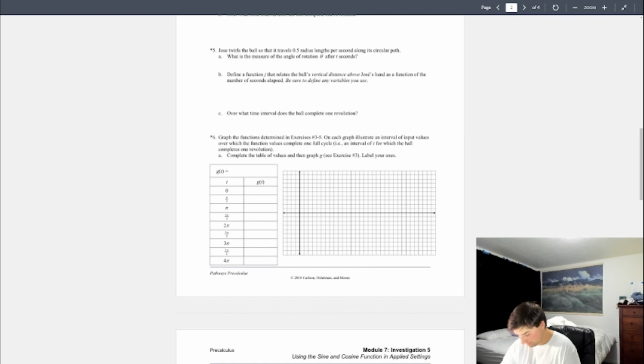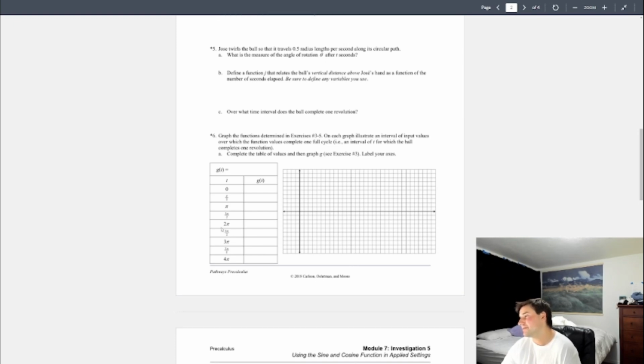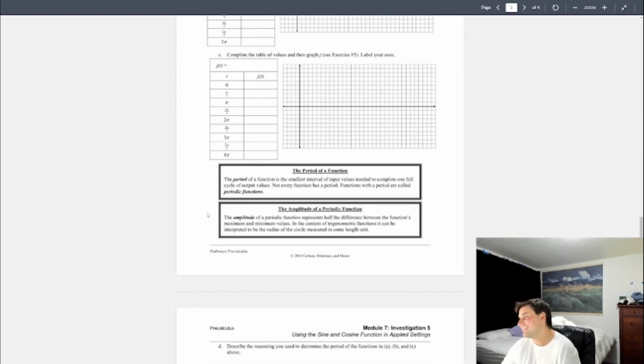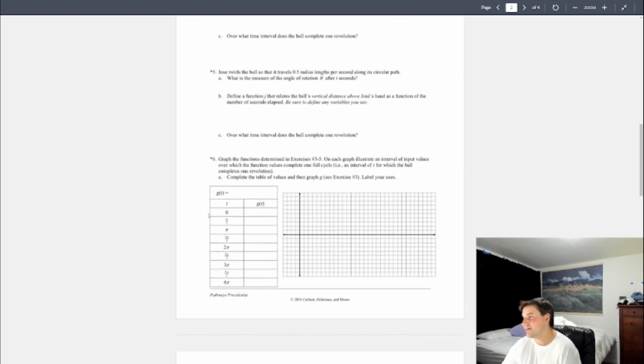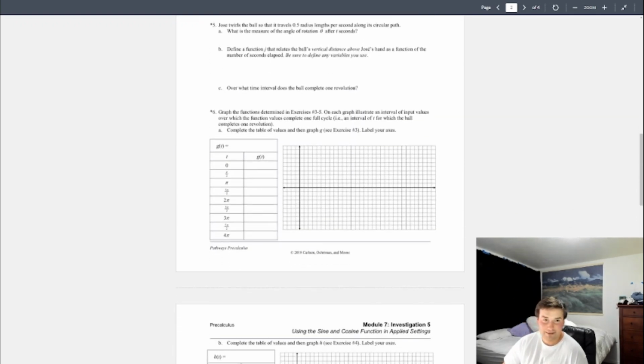Pi over 2 would be the radius in an actual. That means I have to calculate every single one. It's probably helpful for the learning. Okay, so pi over 2 times 2.3.